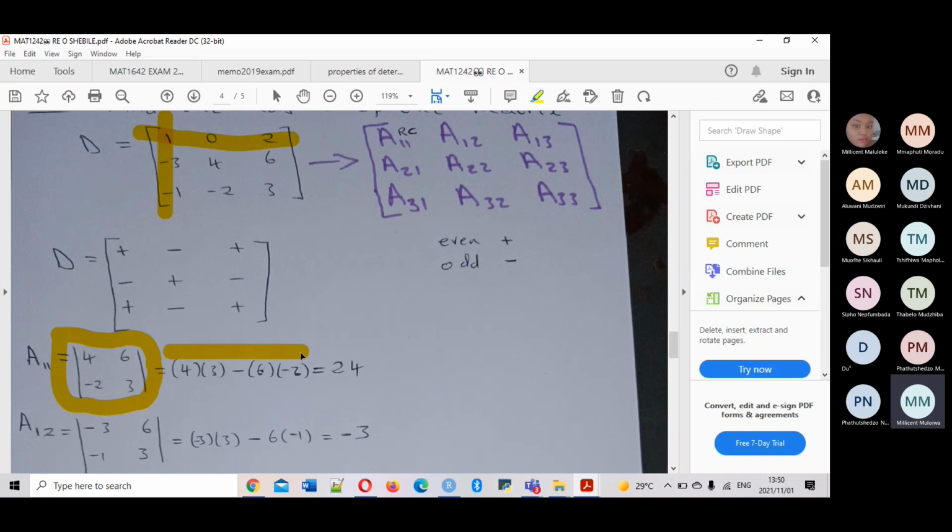Remember, the determinant is equal to the product of the diagonal minus the product of the non-diagonal. Then the determinant of A11 is 24. Now we're going to find A22.